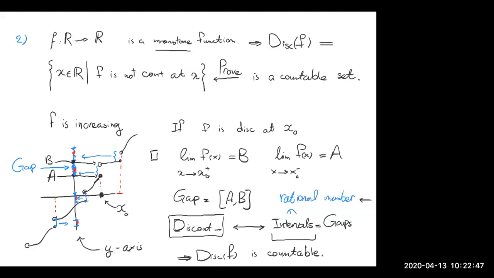If not, let's continue with the third question. Question number 3. Suppose we have a function f from the interval 0 to 1 to R, and suppose f takes on any of its values exactly twice.